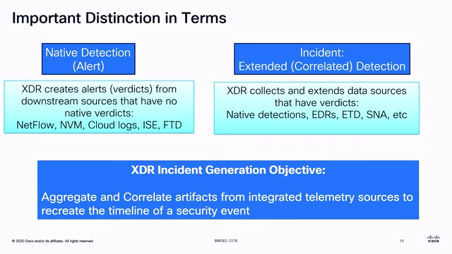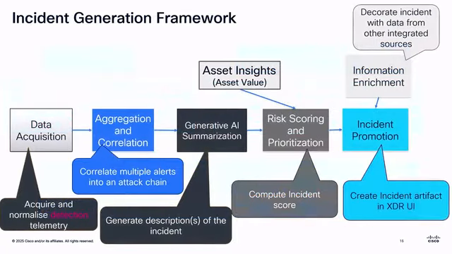But okay, the whole objective of incident generation is to aggregate and correlate artifacts from the integrated telemetry sources. Logically speaking, what we want to do is recreate the timeline of a security event or security incident. So the incident generation framework looks something like this. It begins with the acquisition of data, so we acquire and normalize data.